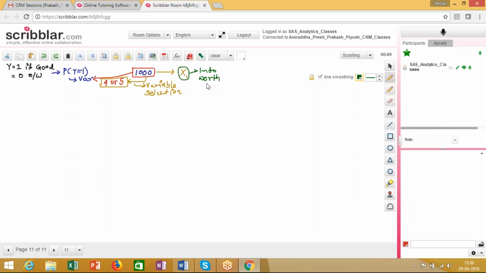I would say that this variable x1 has a very high information worth if it can distinguish between the good and the bad distinctly. If this variable has the capacity to distinguish between good and bad, then I will say that yes, this variable is an important variable.